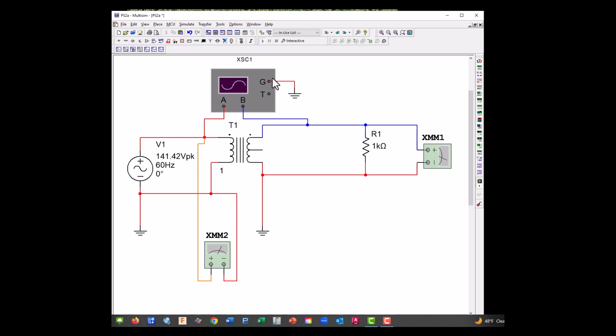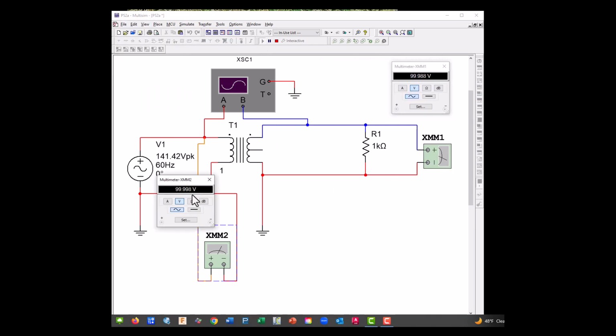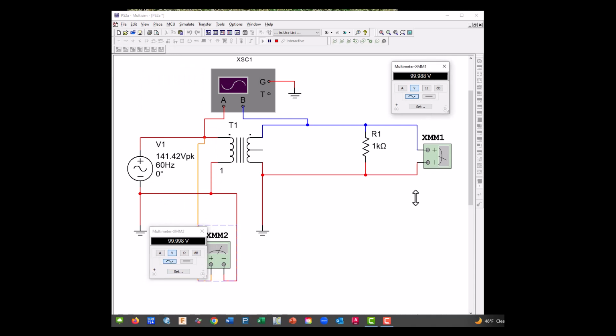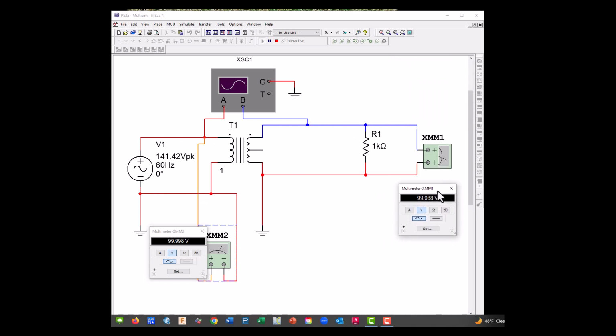So let's start it up, and let's turn on our meter. Our DMM measures RMS, so we have 100 volts RMS, and being it's a 1-to-1, we measure 100 volts out, and our current's going to be the same because it's a 1-to-1.